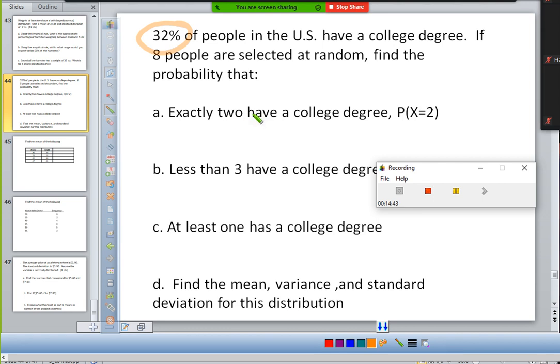So let's see. So this is binomial, right? So exactly 2.